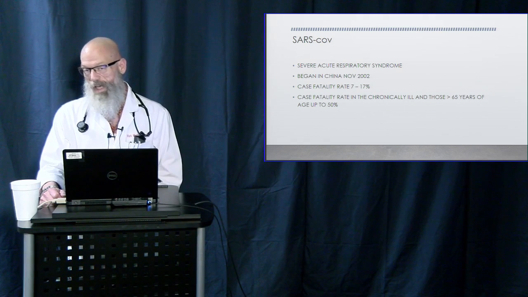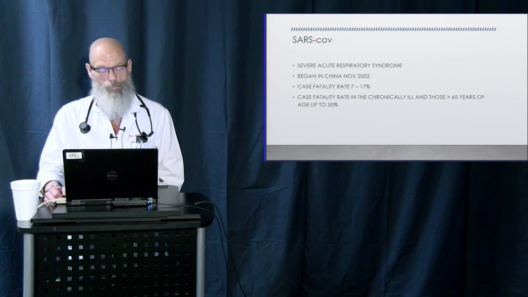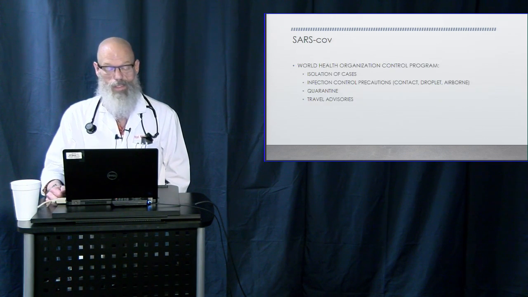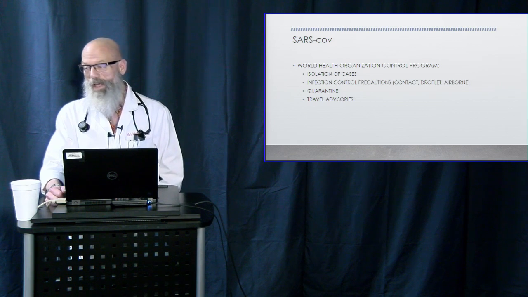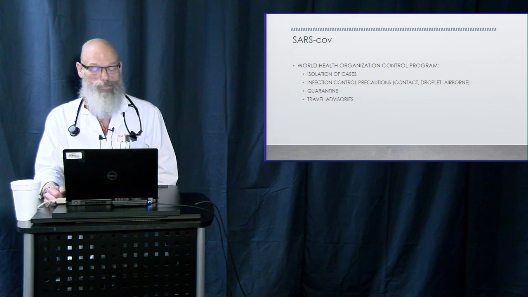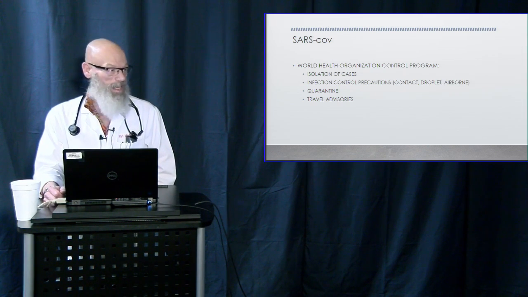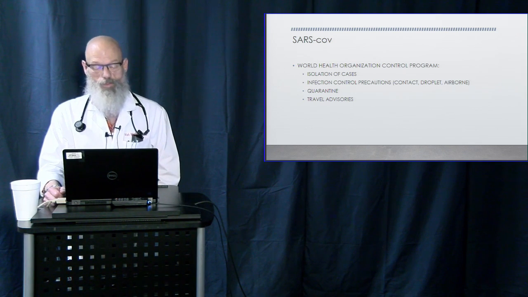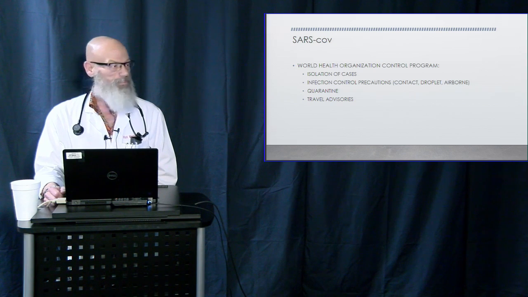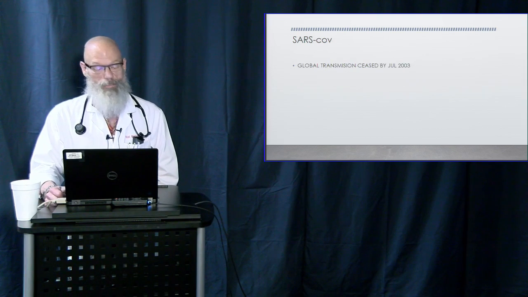Up to 50% of those chronically ill or greater than the age of 65 expired from this illness. The World Health Organization's control program consisted of the following, a lot like we've done currently in the current outbreak: isolation of cases, infection control precautions, specifically contact, droplet, and airborne, quarantine, and travel advisories, and we're right in the middle of all that now.